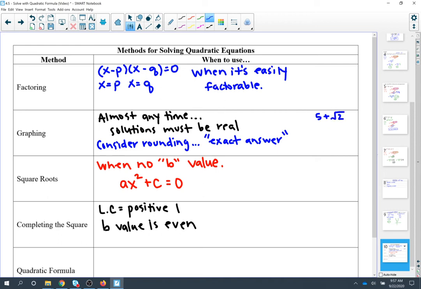A graph is not going to tell you that. A graph is going to tell you 5.467. So if I specifically say I want an exact answer and not a rounded answer, a graph is probably not going to do that for you unless the answer is 2 or 7. So make sure you're considering what the teacher is asking for.